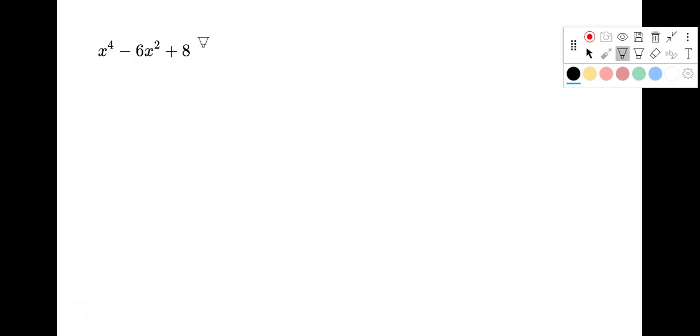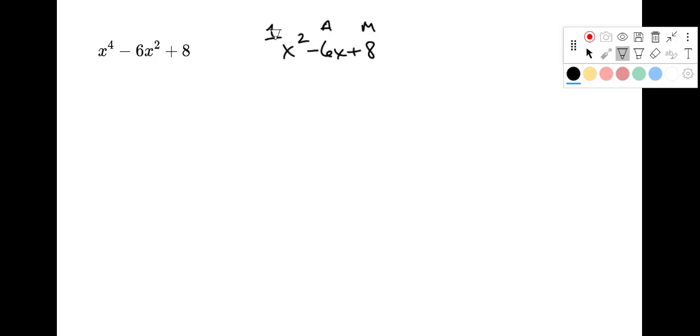Oh, no, we have one more, higher power factoring for our x to the fourth minus 6x squared plus 8. Okay, this is higher power factoring. This is actually the same factoring method as something like this, x squared minus 6x plus 8. We know how to factor this already. This is a 1am factoring.